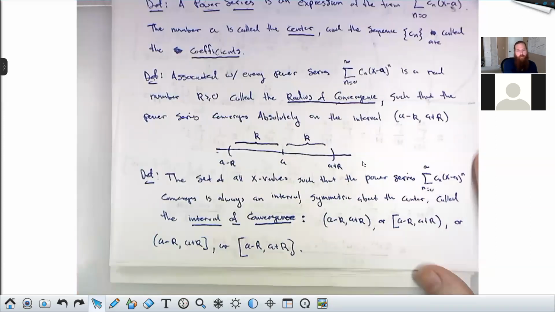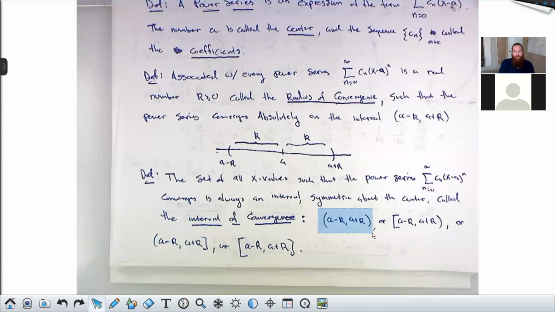So your interval of convergence always looks like one of these, where a is the center and r is the radius of convergence. On the open interval, you're guaranteed to converge absolutely. At the endpoints, you might diverge, or you might converge conditionally, or you might converge absolutely. You can't say a priori, it depends on the series. But these are the basics of power series.